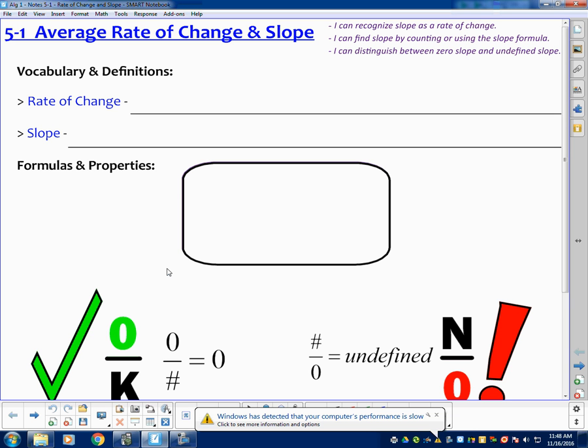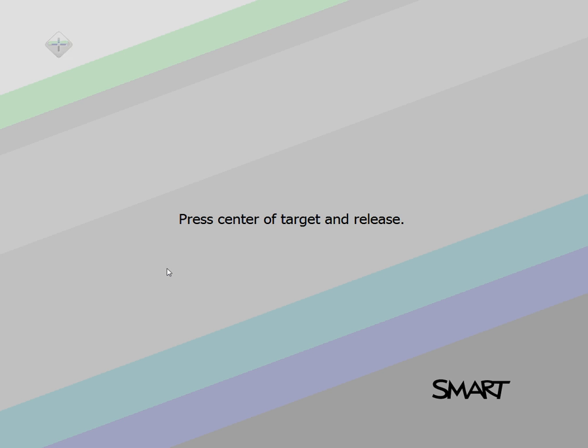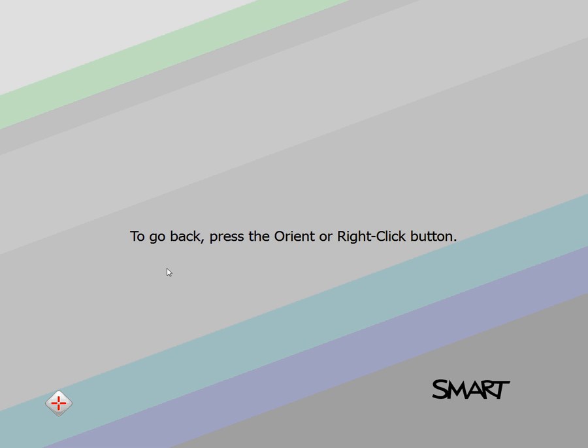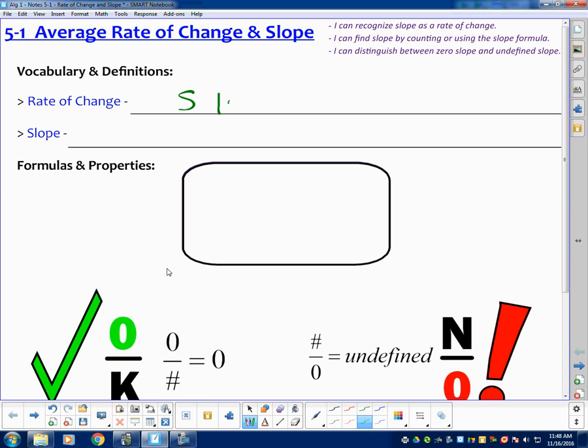Okay, so already on your paper, you should have slope for the rate of change. And what did you write down for slope?